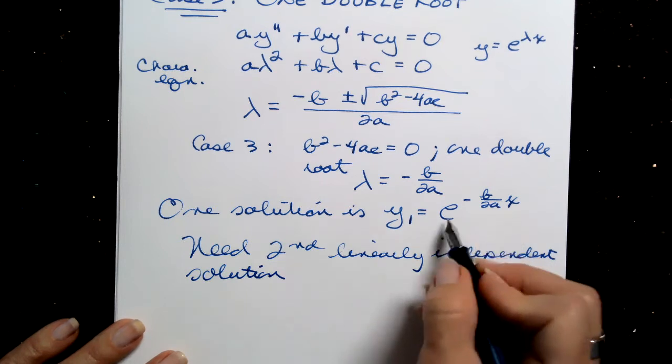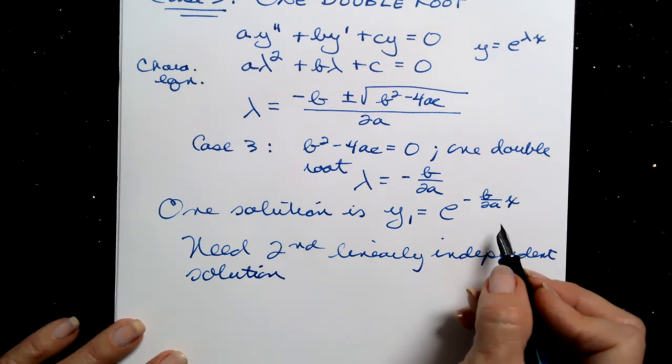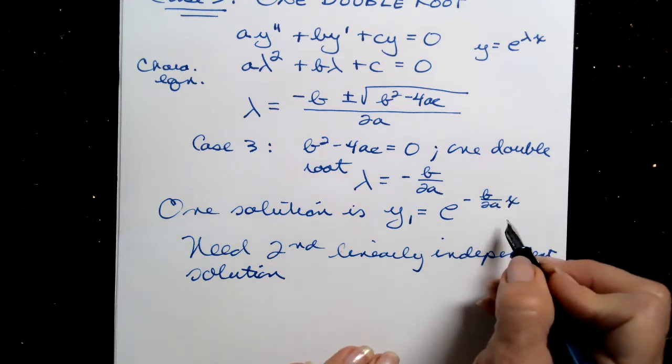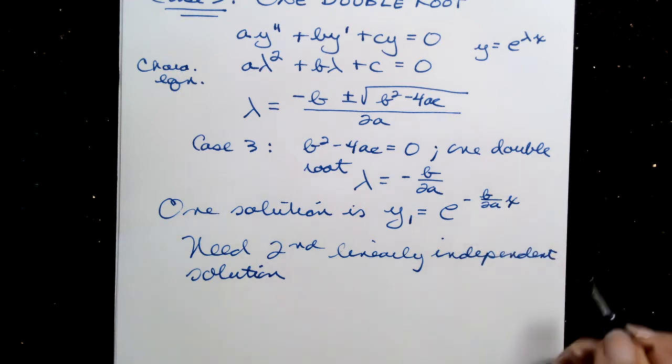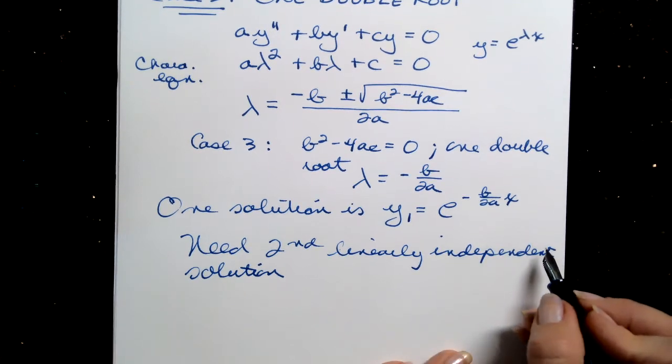In other words, is not a multiple of this solution. So we can't do like we did in the case of two real distinct roots and say C1 times e to the minus b over 2a x plus C2 e to the minus b over 2a x, because that's the same solution twice.